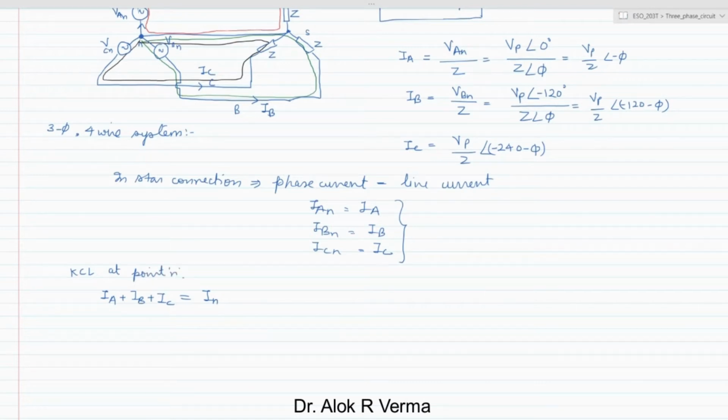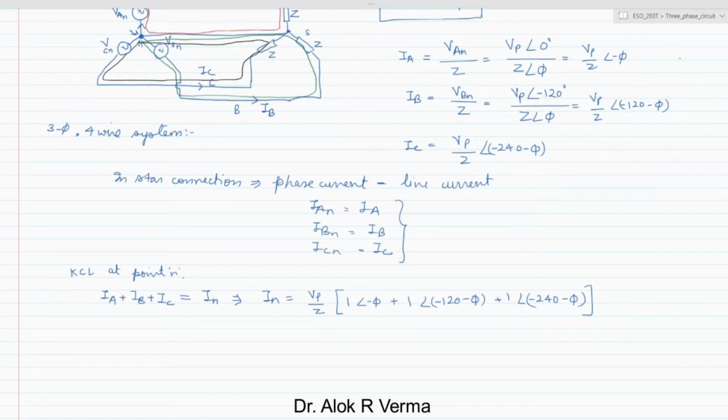So at this neutral, if you apply the KCL, you'll get this current, right? And if you calculate this, the IN will turn out as Vp by Z. If you take a common, 1 angle minus phi plus 1 angle minus 120 minus phi plus 1 angle minus 240 minus phi.